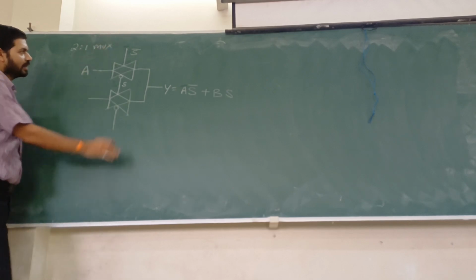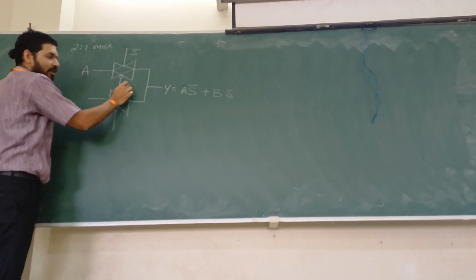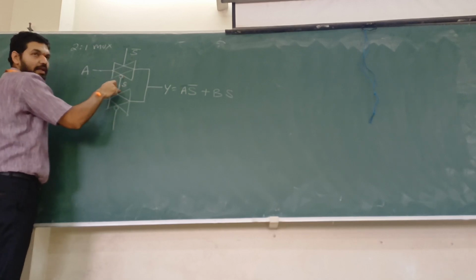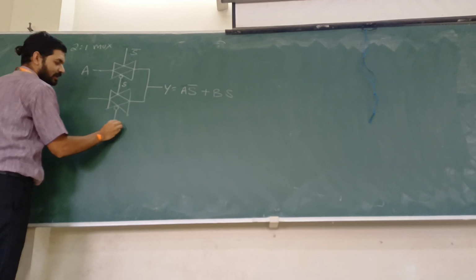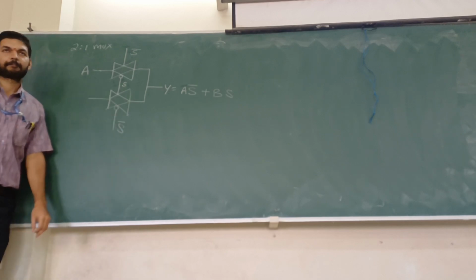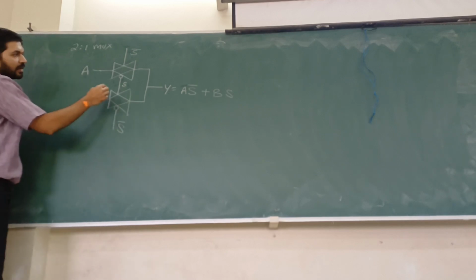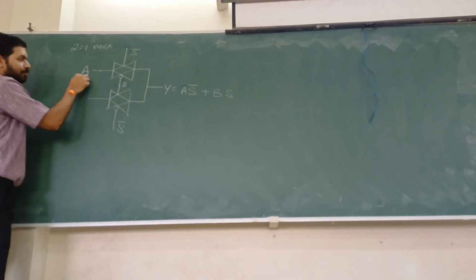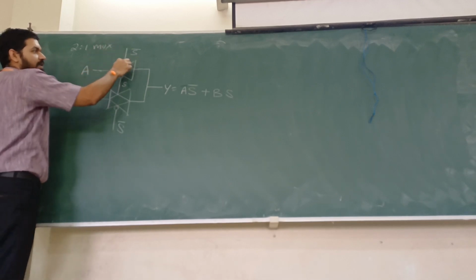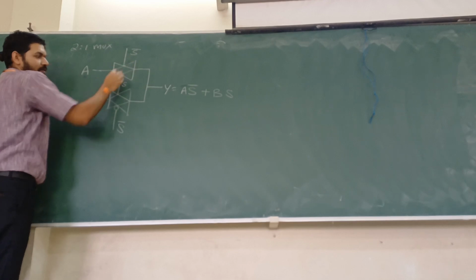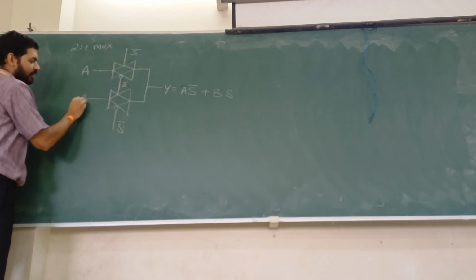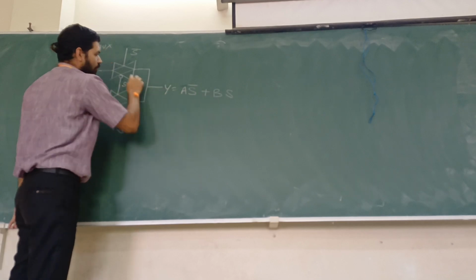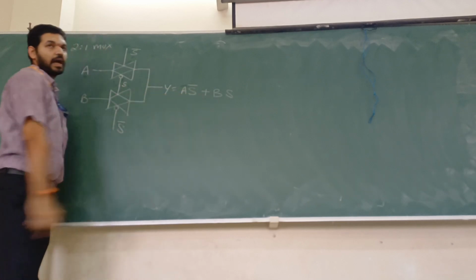So if here I write S bar, here it will be S. Here it is also S, and here it will be S bar again. So the TG multiplies the input with the signal present at the gate of NMOS. Here it is multiplying A into S bar, B into S. Both are being added.